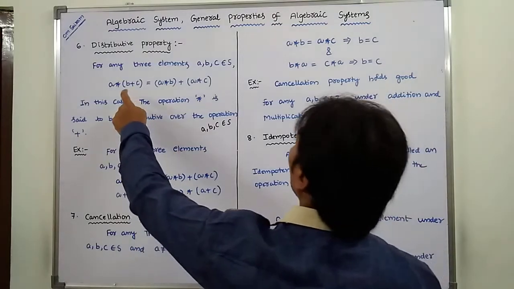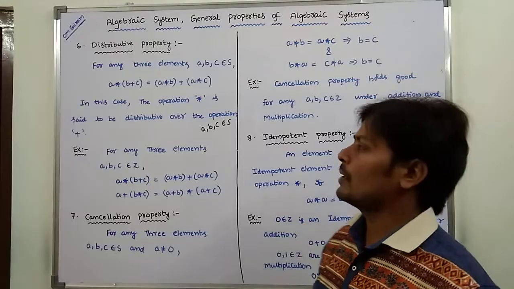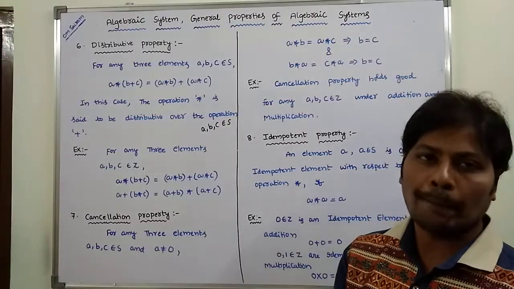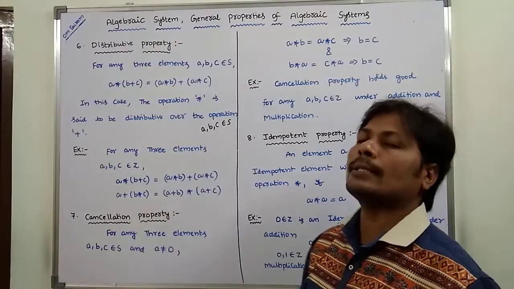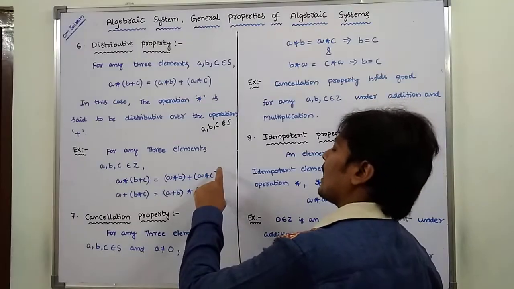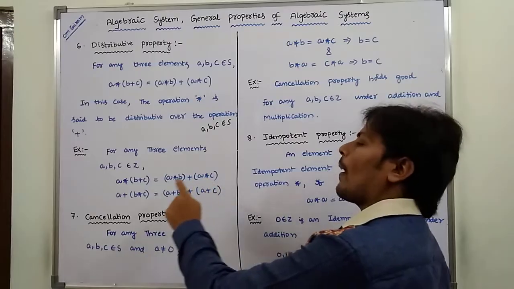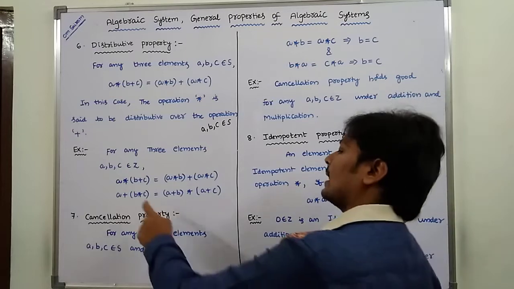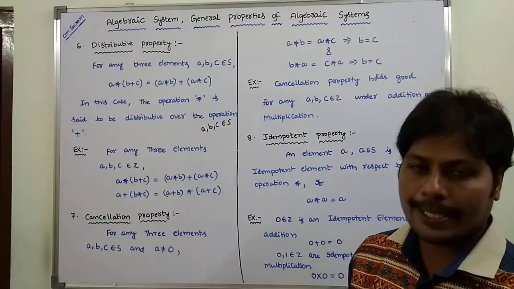Here the operation star is distributive over plus. Okay, the operation star is distributive over the operation plus. For example, for any three elements A, B, C belongs to Z, it satisfies this condition. Here this condition is the operation star is distributive over plus. The second case, the operation plus is distributive over star.